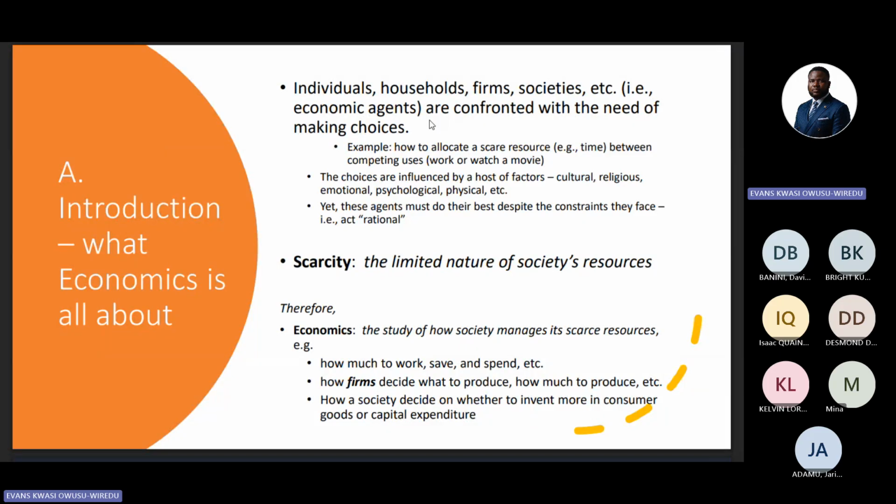And when we talk about scarcity, basically the pocket problem, in simple terms, it means that while our wants and needs are endless, the things that we use to get them, right, which is money, are limited.